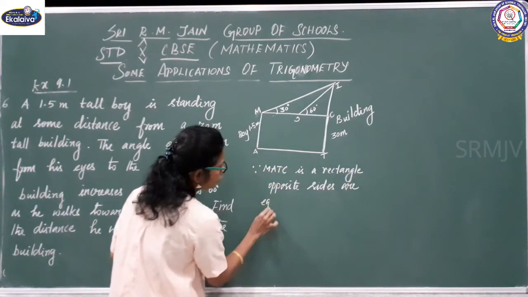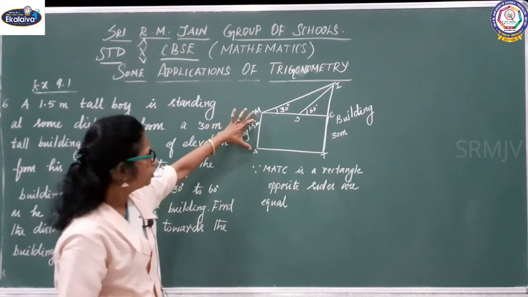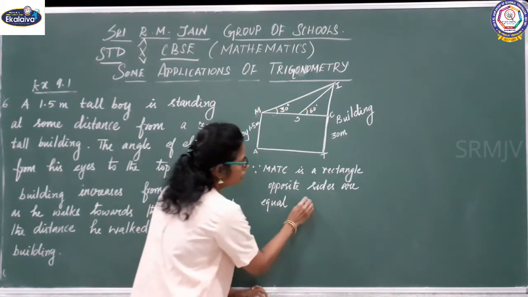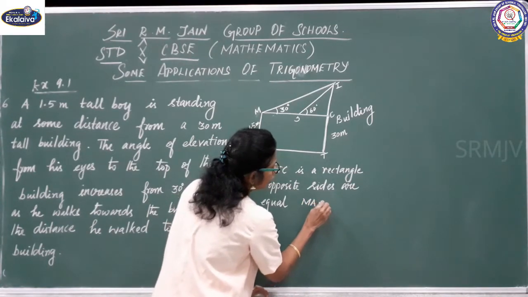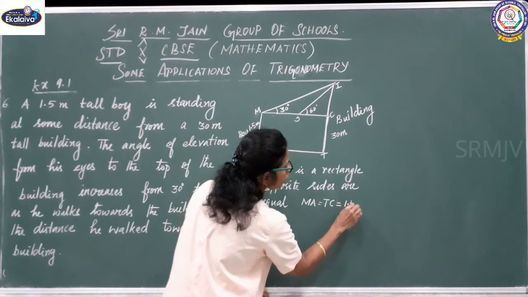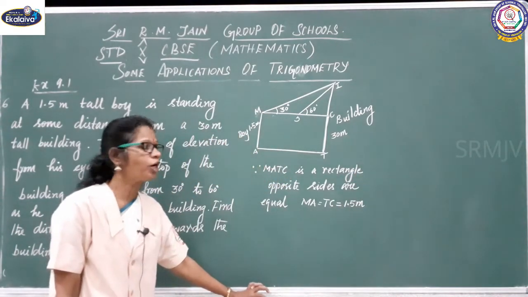That means what is your conclusion? Opposite sides are equal, you said. That means MA equal to TC, which is equal to 1.5 meter.